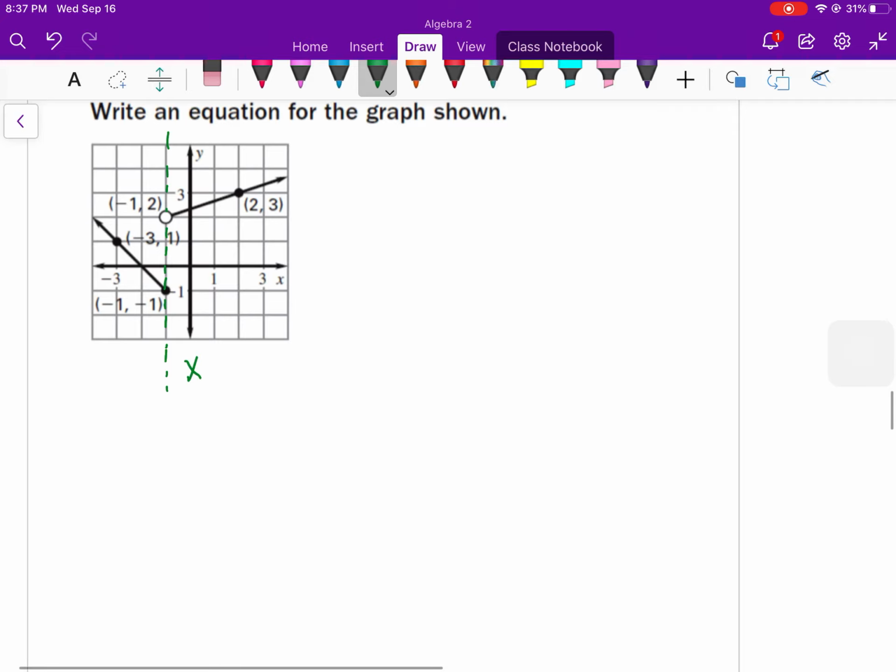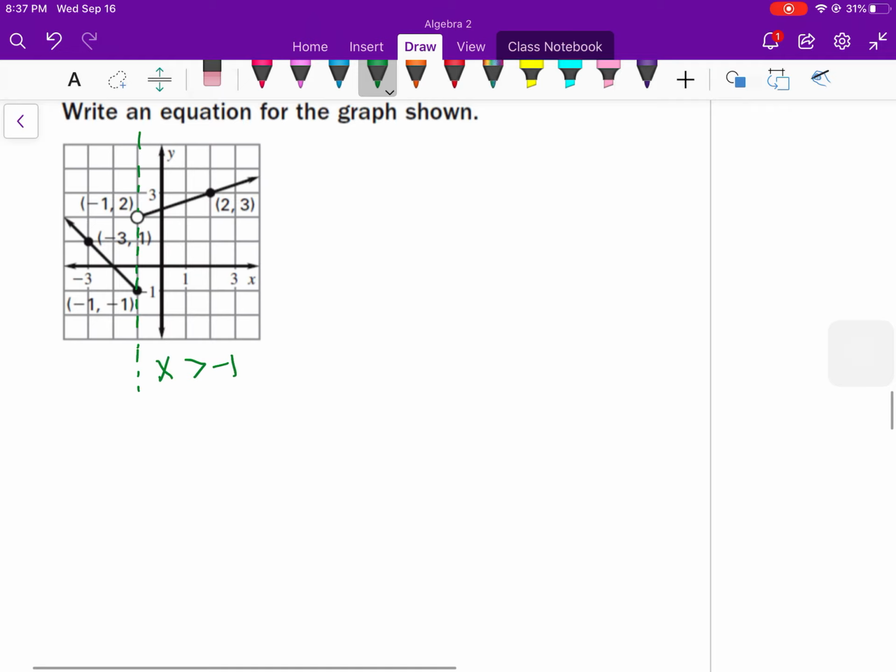That one is for all x values that are greater than -1. And then the one that has a closed circle and goes to the left, that's for all the x values that are less than or equal to -1. Because the domain splits at -1. And then 1 goes to the right, so that's where the x's, along the x-axis get bigger, so greater than. And on the left, they get smaller, so less than.